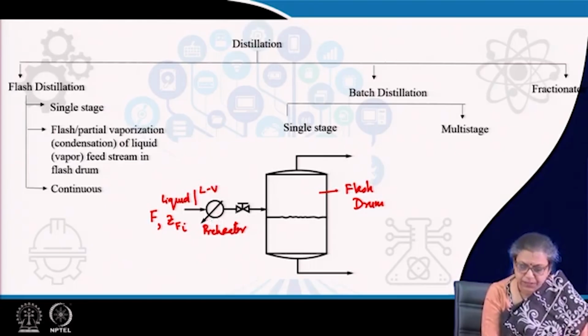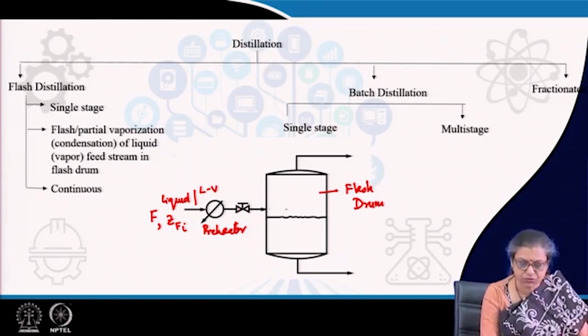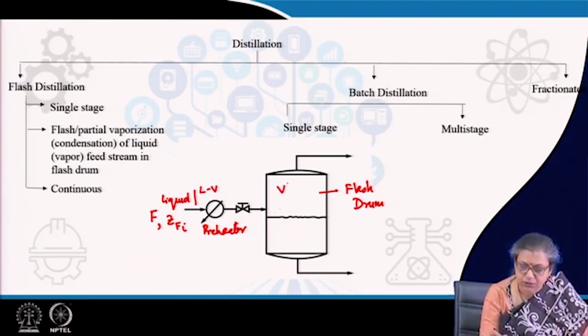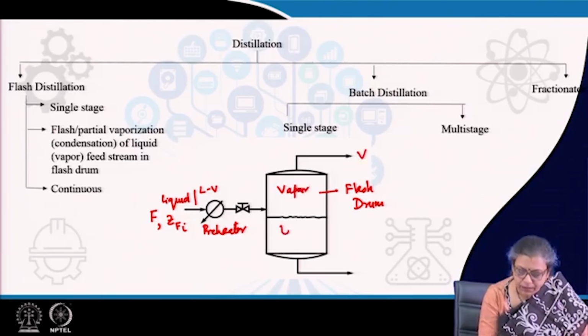After that, the feed is throttled across a throttling valve, and after it is throttled and introduced into the flash drum, naturally it is under saturated conditions, and here in the flash drum it separates into two phases, the vapor phase which goes out and the liquid phase which is drawn out from the bottom.